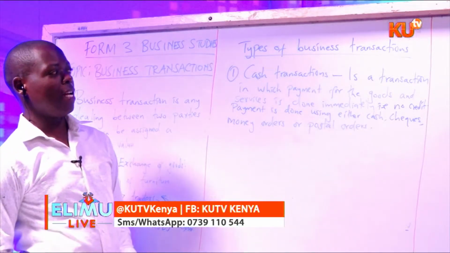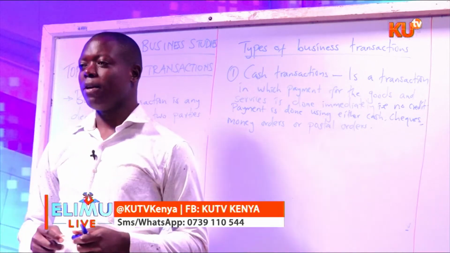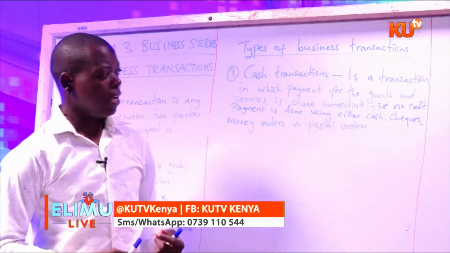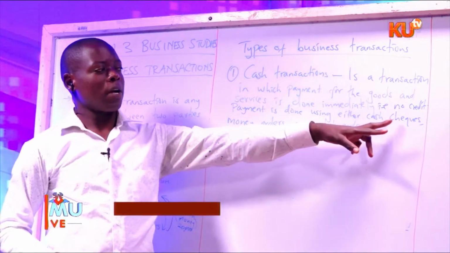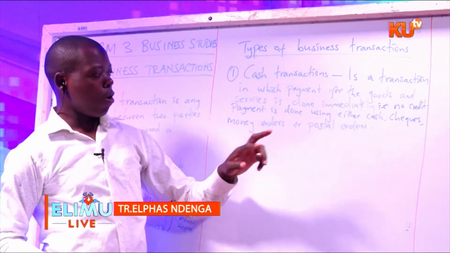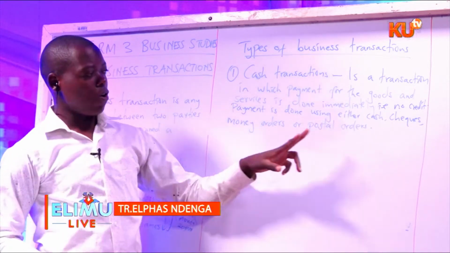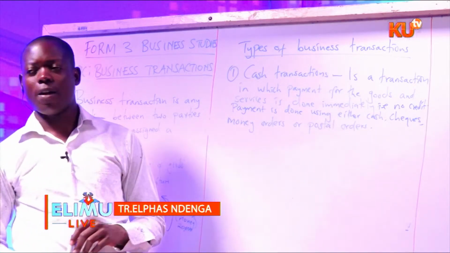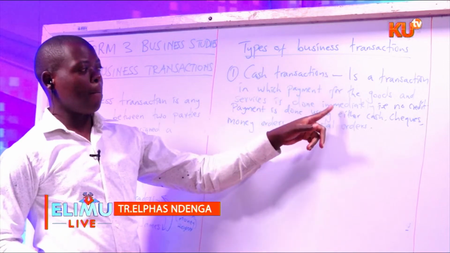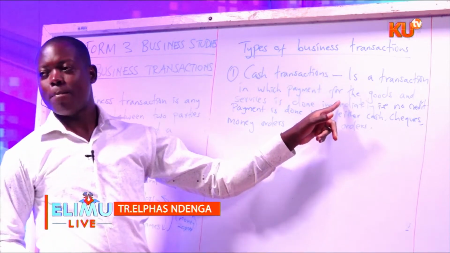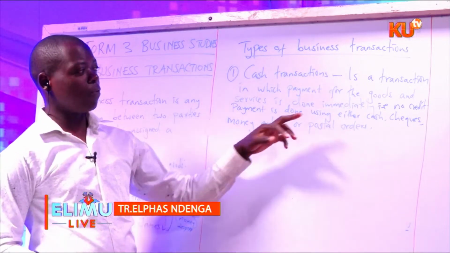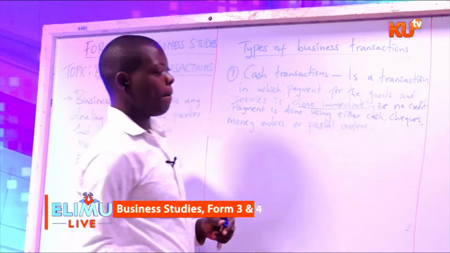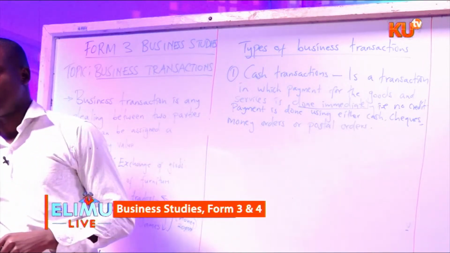Therefore, those are the ways in which we can make payment for the goods and services under a cash transaction. Whether the customer gives you a check, a money order, a postal order or cash, they are still cash transactions, because payment for the goods is done immediately. Therefore, what distinguishes this from other aspects is that in cash transactions, payment is done immediately.